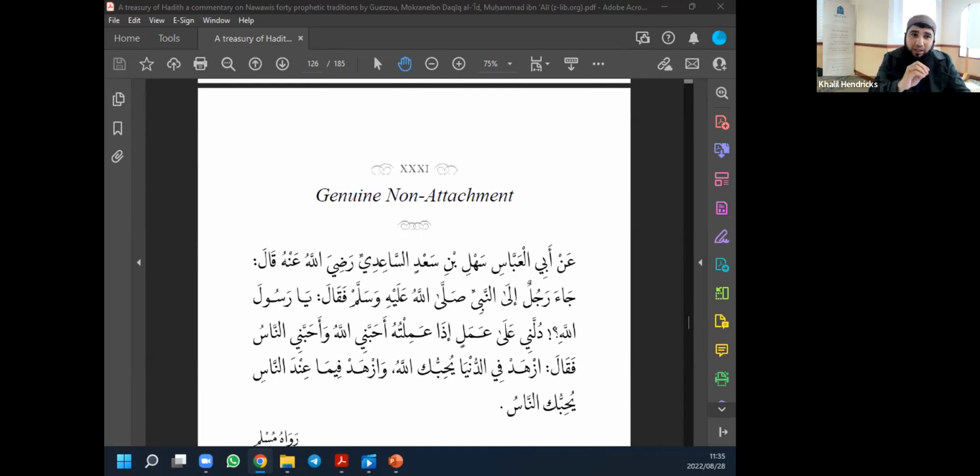وَمَنْ كَانَتِ الْآخِرَةُ هَمَّهُ, whosoever the akhirah is his concern, Allah will gather his affairs for him. All of his affairs will be in order. وَجَعَلَ غِنَاهُ فِي قَلْبِهِ, Allah will place his wealth in his heart. Meaning, he won't feel his lack of material wealth, because his focus will be on what he has.